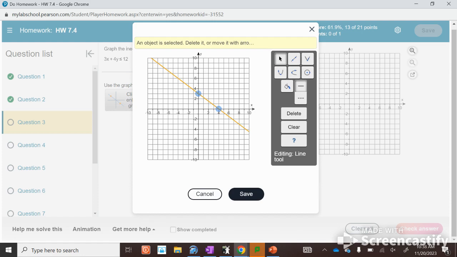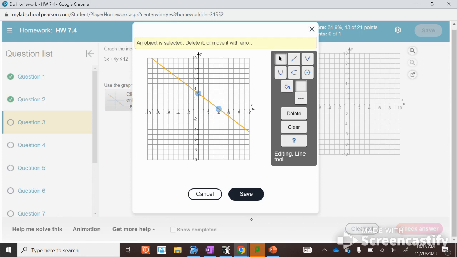Now, I have to have a checkpoint. What's my checkpoint in this case? What's the easiest checkpoint to have? And the answer is 0, 0. That's the easiest one to have. So if I put in 0 for x and 0 for y, 0 plus 0, is that less than or equal to 12?